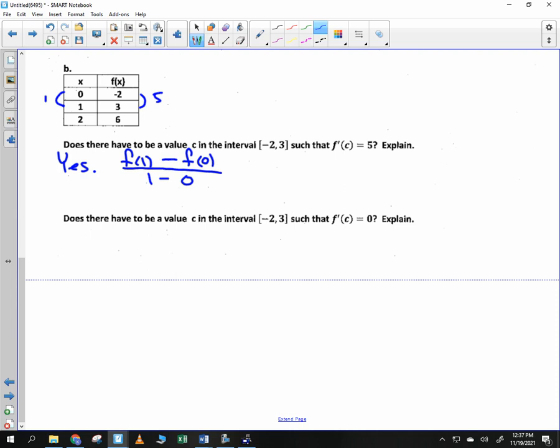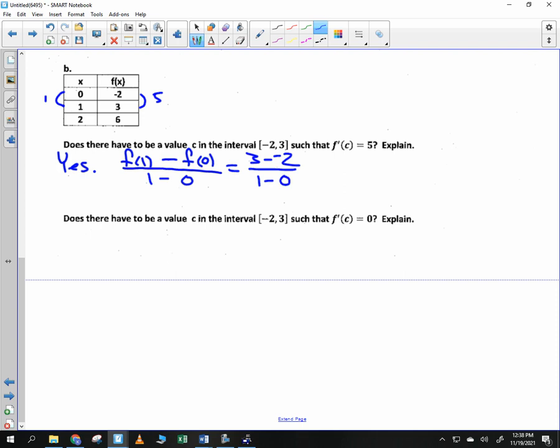So I took the top part is the y values. F of 1 is 3. F of 0 is -2. That's the top. And then the x values are in the bottom. Okay, so it's y sub 2 minus y sub 1 over x sub 2 minus x sub 1. Okay, so we've got that. So the top is 3 minus -2 over 1 minus 0.